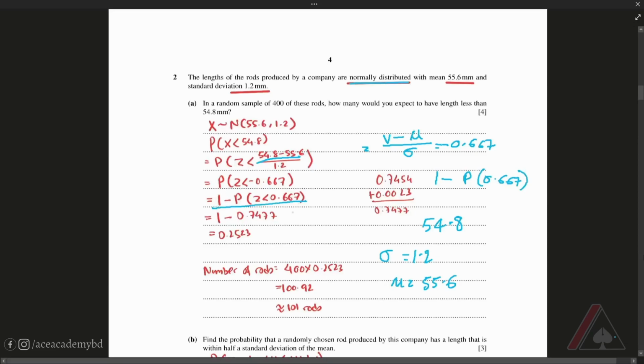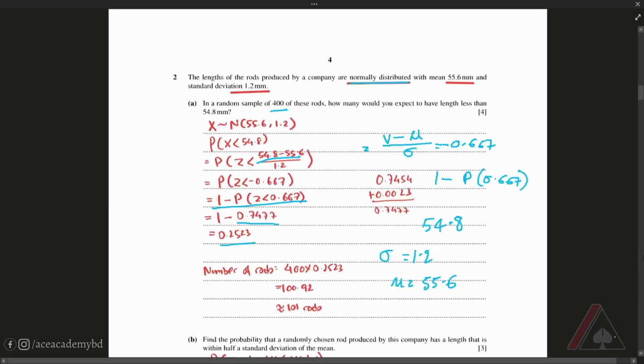So here we go. And the probability, you can match on the normal distribution data table given to you in your question paper or in the data booklet, is 0.7477. So we find 0.7477 and we deduct it from 1. We get the probability 0.2523.